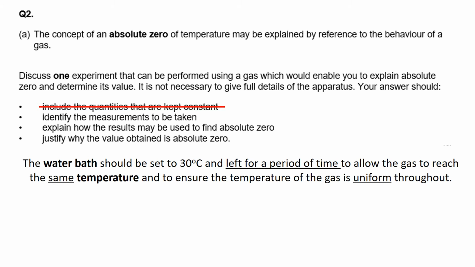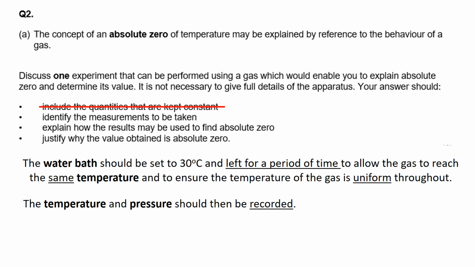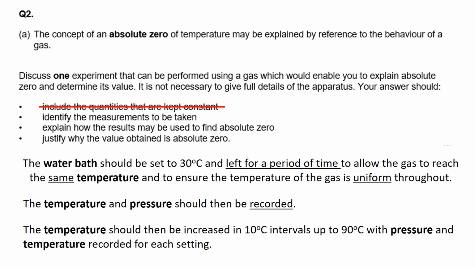That will be part of my procedure. Then I'm going to record the temperature and pressure, using a thermometer for temperature and a pressure gauge for measuring pressure. Then I'm going to go up in 10-degree intervals up to about 90 degrees C, which is typically what a water bath can go up to, getting pressure and temperature values at each of those. So there we've talked about the measurements we're going to take.